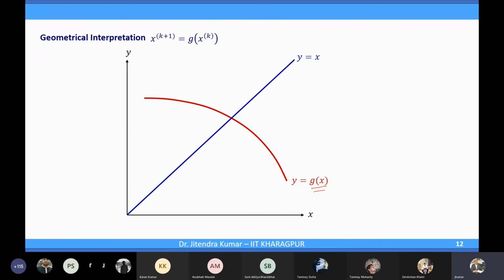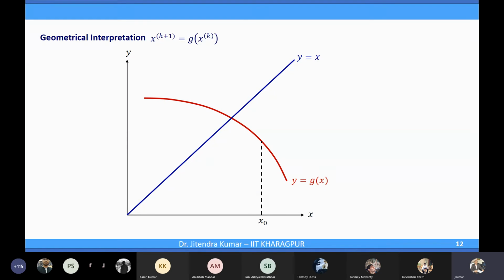You start with some initial guess. Where is the root in this figure? It is the intersection of the two curves. The actual root is this one, which we call alpha or x star.